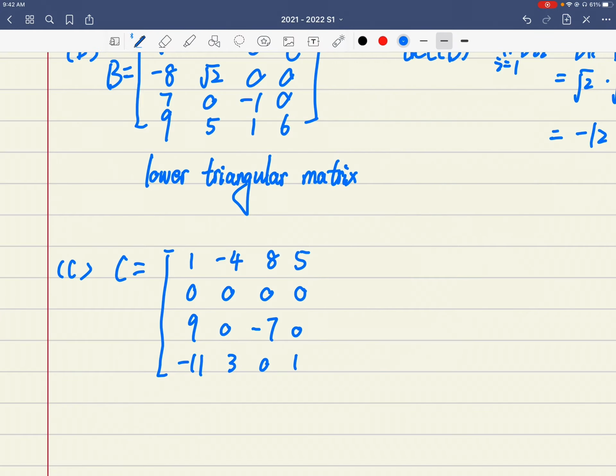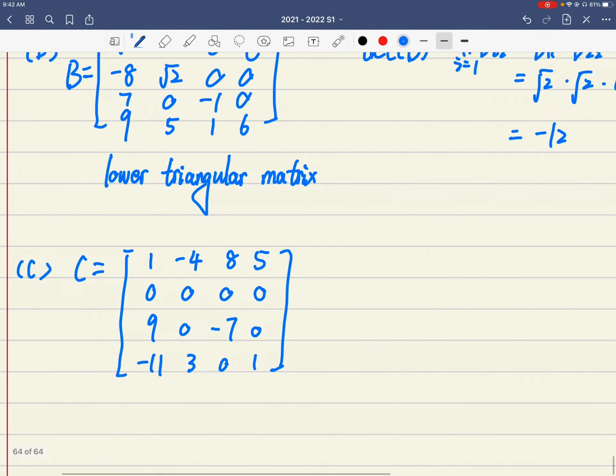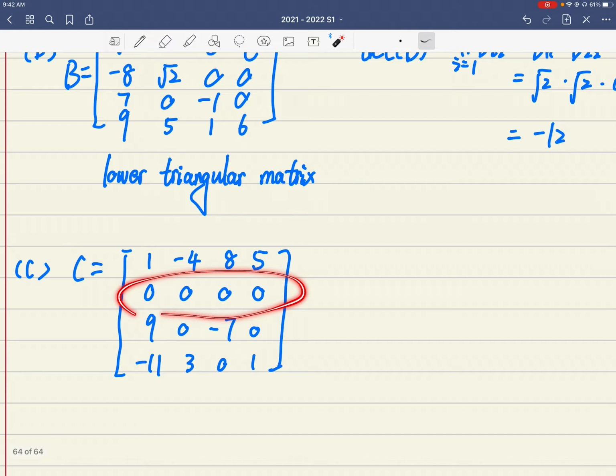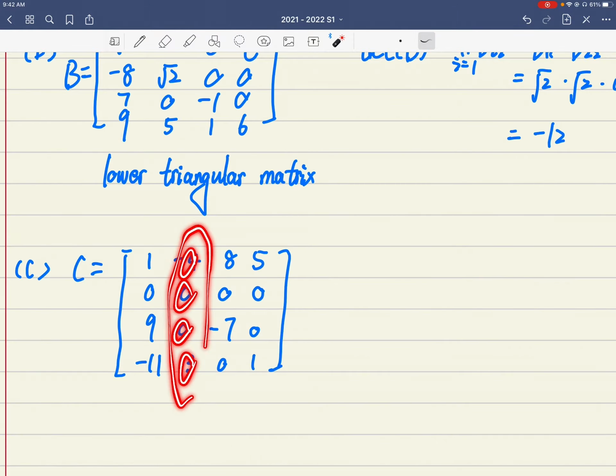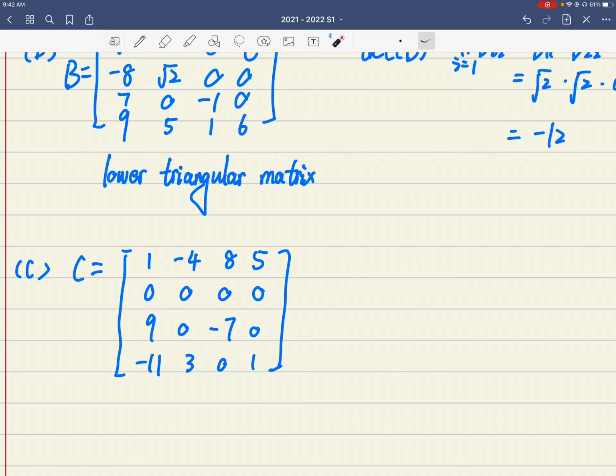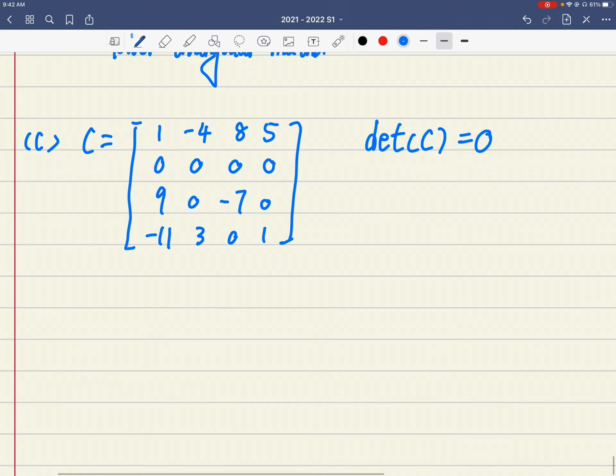So a general rule: whenever a matrix has a 0 row, or as you can expect, a 0 column, no matter whether it has a 0 row or a 0 column, its determinant is just 0. You don't even have to do the calculations. You don't even have to use the formula. As long as it has an all 0 row or an all 0 column, the determinant must be 0.